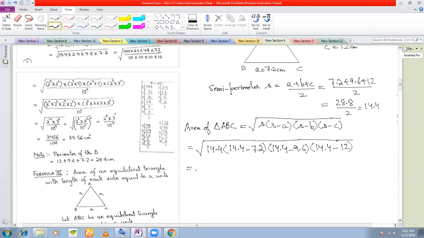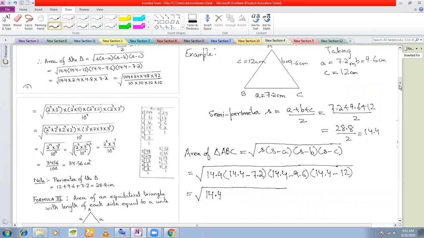You're going to get a big product under a square root. So with a cool mind, you first simplify. You get 14.4, and 14.4 minus 7.2 will be 7.2. 14.4 minus 9.6 will give you 4.8. And 14.4 minus 12 will give you 2.4.